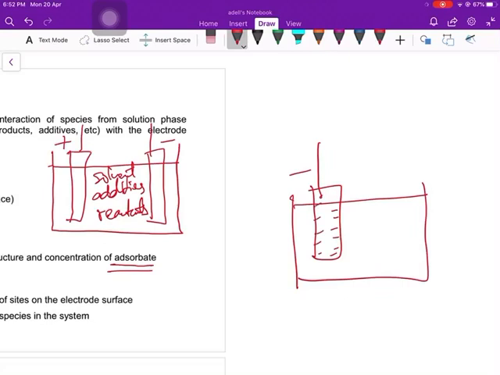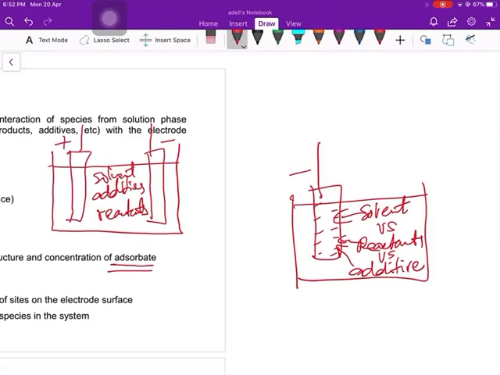The solvent in the solution will compete with the reactants, and also with others such as additives, towards the surface of the electrode.